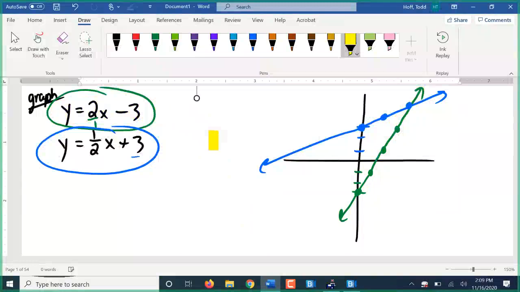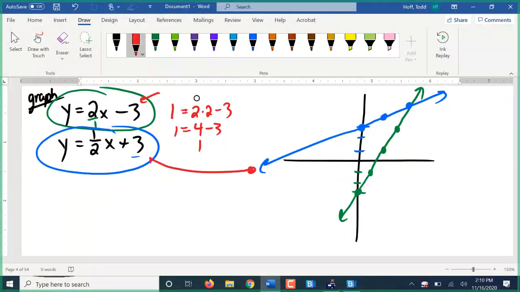If I put 2 in for x and 1 in for y, it makes that equation true. 4 minus 3 is 1. Any point on that green line, if I find its x and y coordinates and put it into that equation, it'll make that equation true. Any point on the blue line, if I put it into the second equation, it'll make that equation true. It is the set of all of the solutions to that equation.